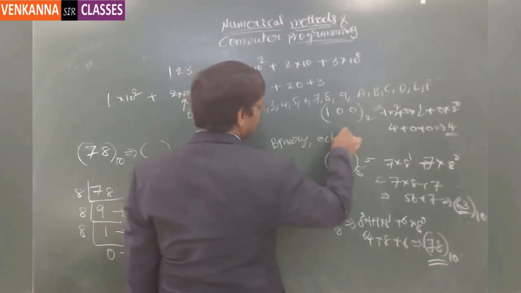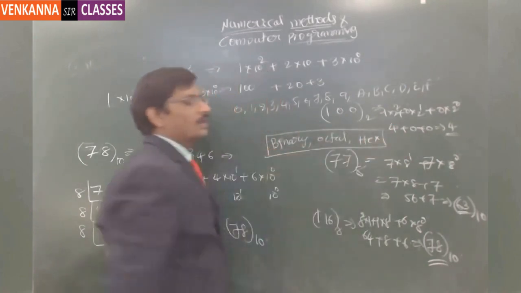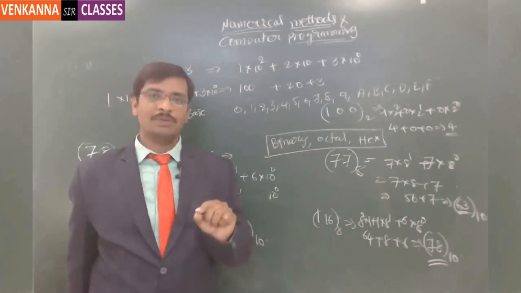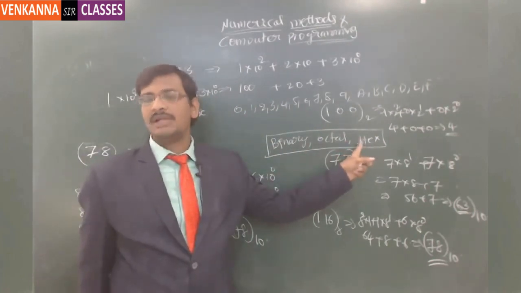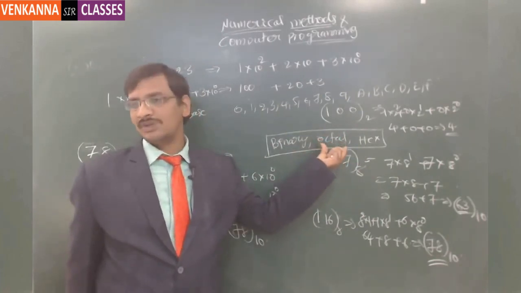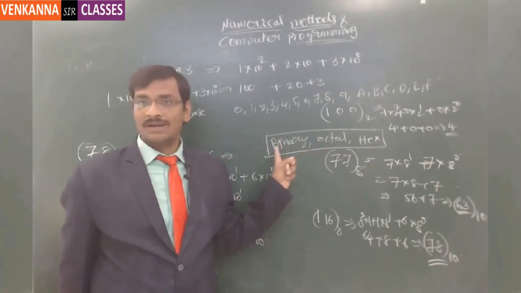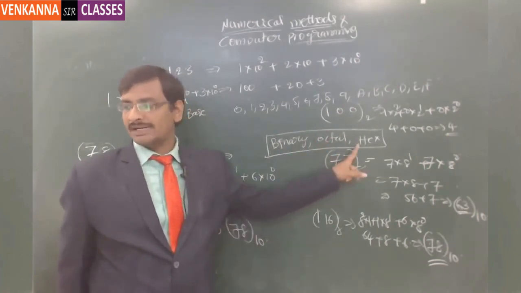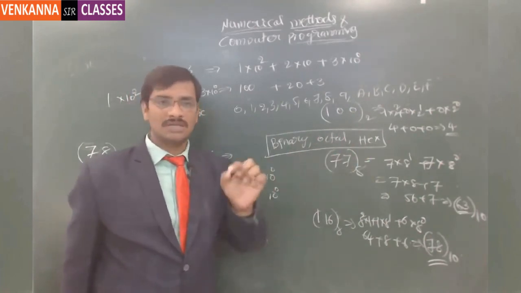So we are mainly dealing with binary, octal and hexadecimal. These are the 3 different number systems we are rigorously dealing with. Why? Because in computers, for designing purposes it is easy to write the numbers in hexadecimal, and sometimes for the old systems we use octal number systems for design purposes, but the computer can understand only the binary number system. But the conversion from binary to octal or binary to hexadecimal, or octal to binary or hexadecimal to binary, is straightforward and easy.